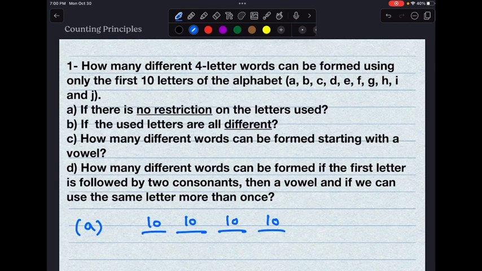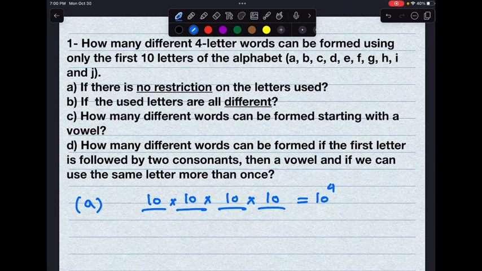That means the letters can be repeated each time. In this case, we use the multiplication principle. It's just 10 times 10 times 10 times 10, and the answer is 10 to the power of 4.